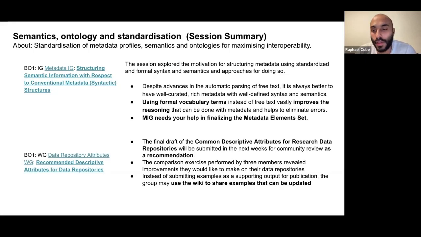So gathering examples is very important. They have been working on the final draft of the common descriptive attributes for research data repositories, which will be submitted in the next weeks. Working on that recommendation is very important, and it's important to note that. Could you go to the next slide, please?